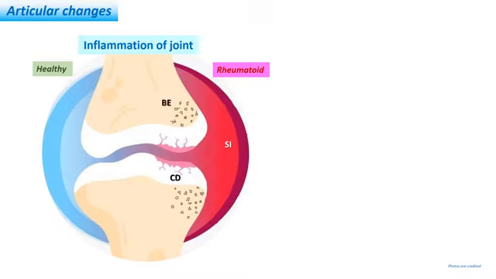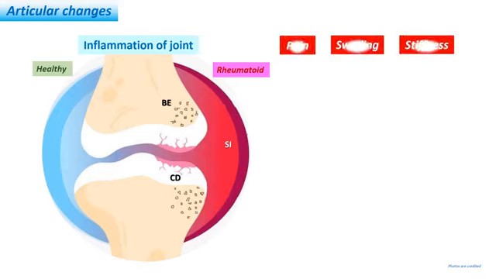These are the three most common pathologies involved in the rheumatoid arthritis joint, and the three most common cardinal signs of rheumatoid arthritis are pain, swelling and stiffness.